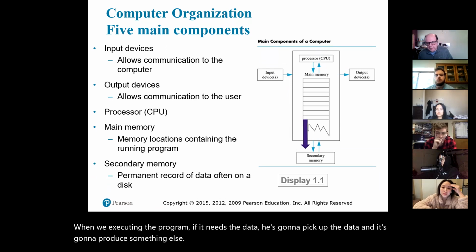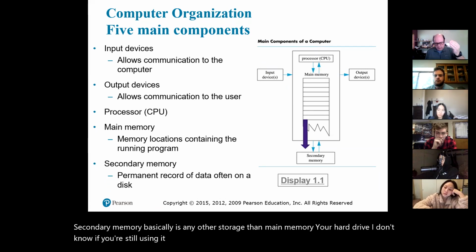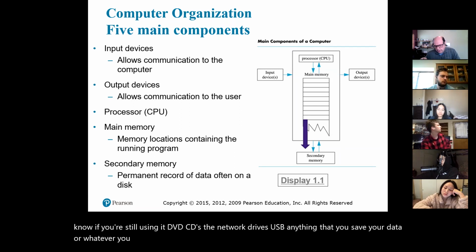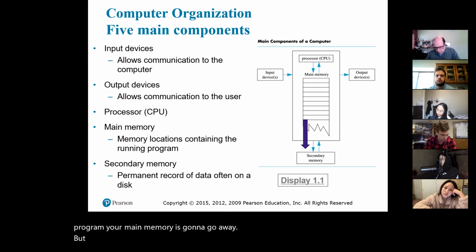Secondary memory basically is any other storage than main memory: your hard drive, DVDs, CDs if you're still using them, network drives, USB, anything that you save your data to. Main memory generally doesn't stay. When you turn off your program, your main memory is going to go away, but your secondary storage is going to stay there.